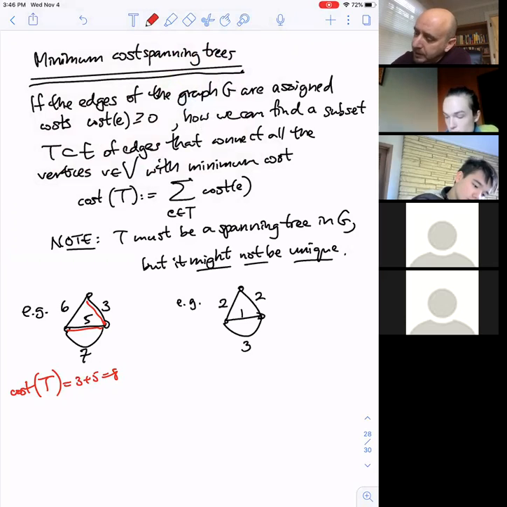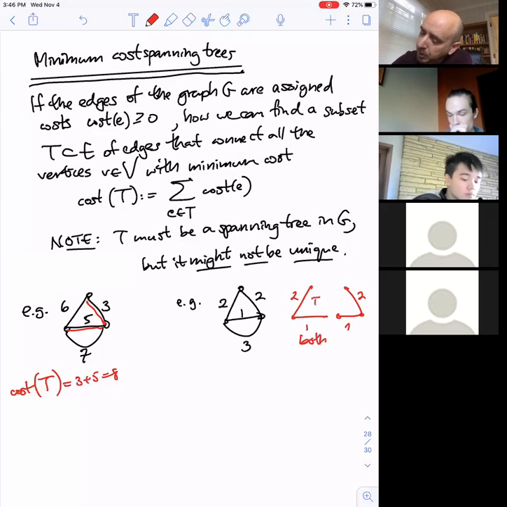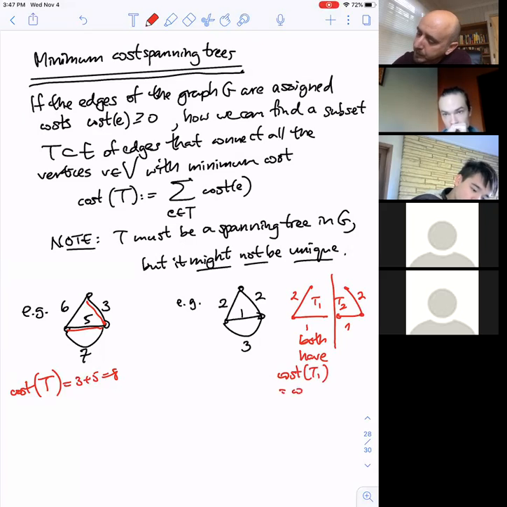For example, I could take this one, it would have cost 2, 1, but I could also take this one. So let's call this T1, T2. Both have cost achieving the minimum, which is 3.